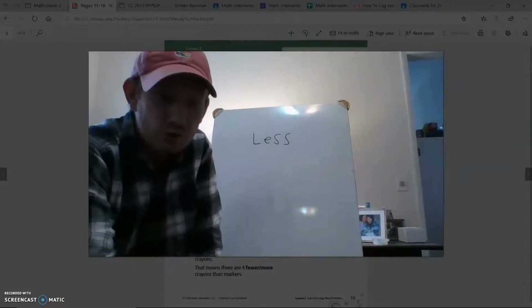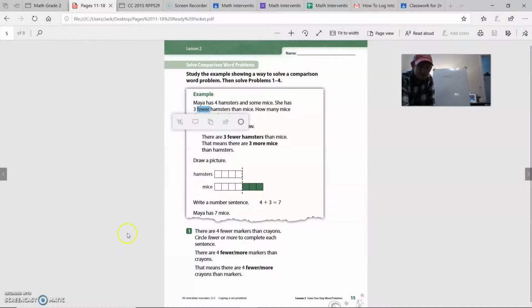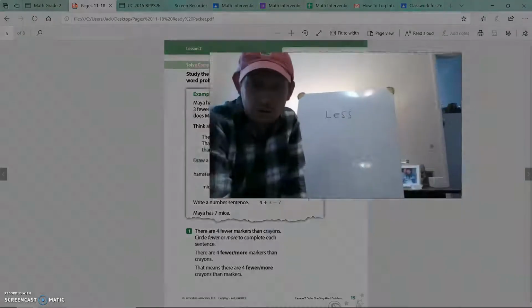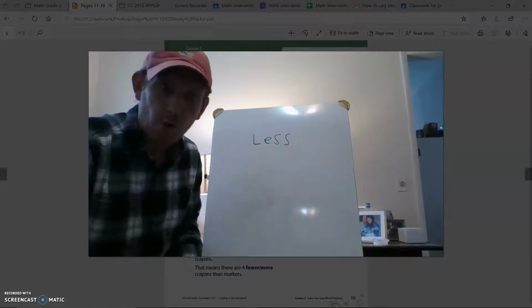So if we go back to our problem, it tells us that we have 3 fewer hamsters than mice. And we know how many hamsters we have. So we can draw a picture. We have 4 hamsters.